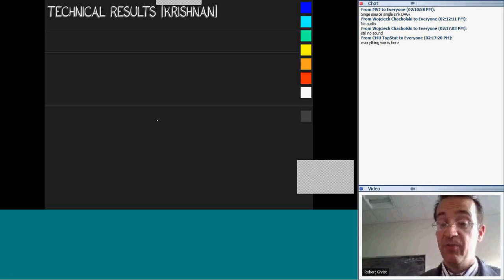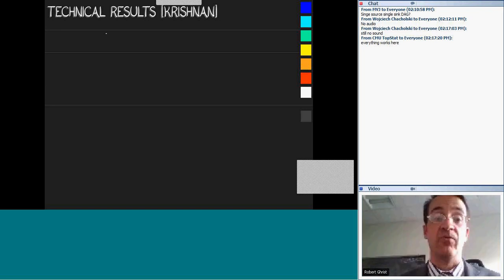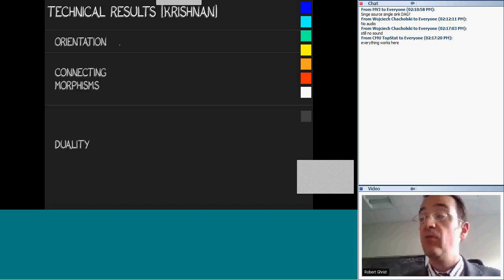Now we get to the meat, which is where Krishnan has to prove all of the technical results. Let's go through those. This has to do with orientation. Remember I said that the orientation of the graph is encoded as a sheaf.